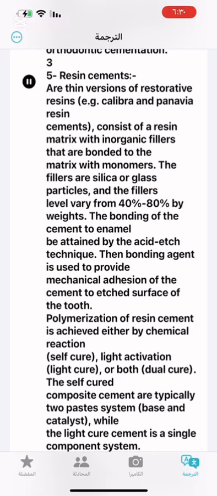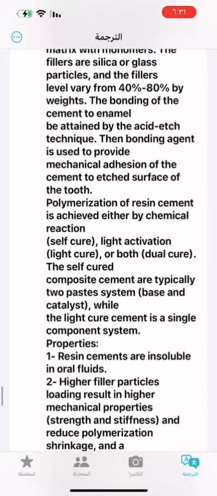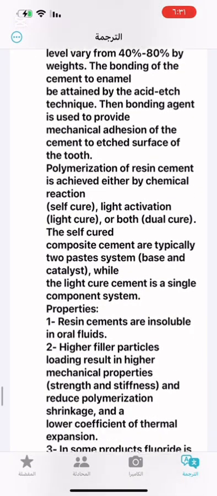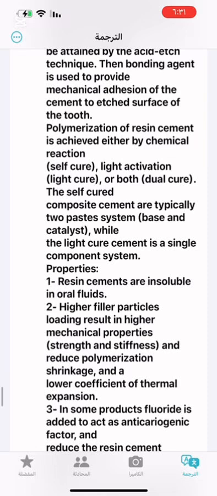Manipulation. 1. Powder-liquid ratio for the base consistency is 2 to 3 parts of powder to 1 part of liquid by weight. The powder-liquid ratio becomes 1.5 to 1 when using polycarboxylate cement as a luting agent. 2.